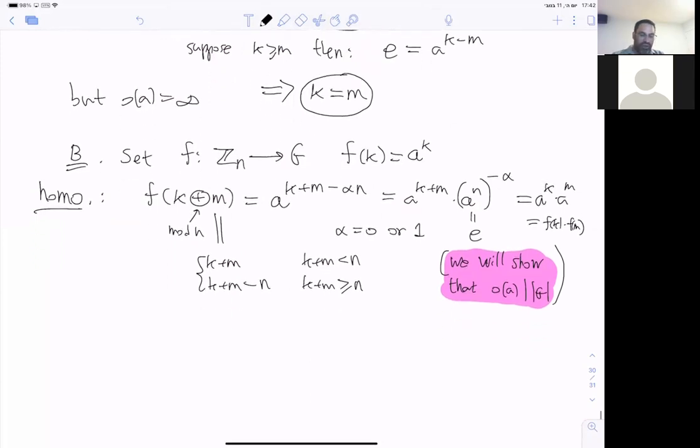Why is it now bijective? Since both sets are finite, it is equivalent to show surjectivity or injectivity, it's the same thing, because it's finite sets. So of course it's surjective.